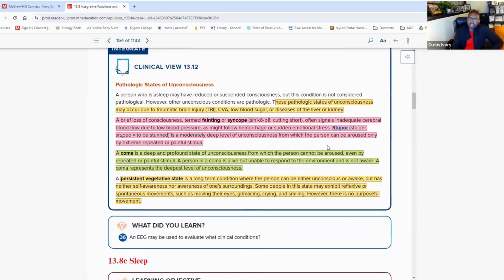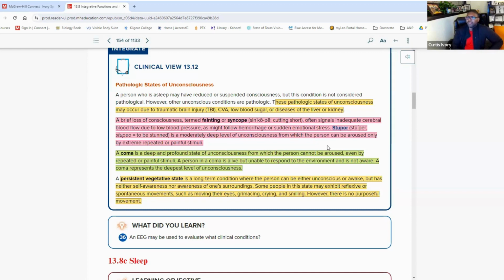So there are some different things that can affect consciousness, or brain activity rather. It depends on if you had a traumatic brain injury, a stroke, or if you're having low blood sugar, which can make you pass out. With low blood sugar or even high blood sugar, you can go into a coma, or you can have liver or kidney diseases.